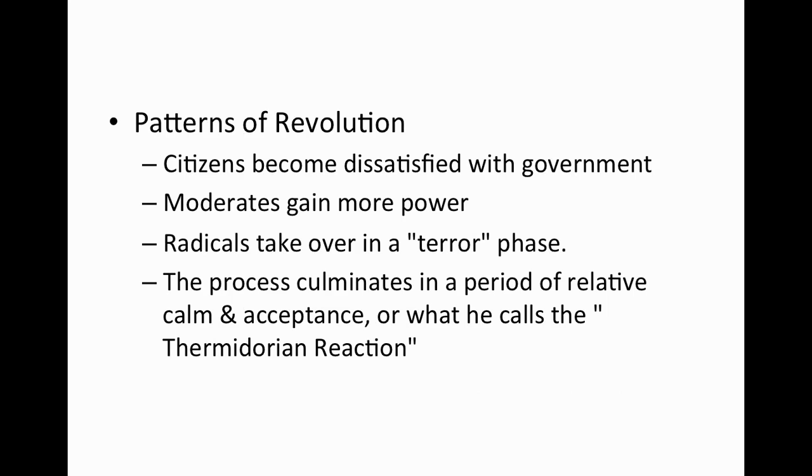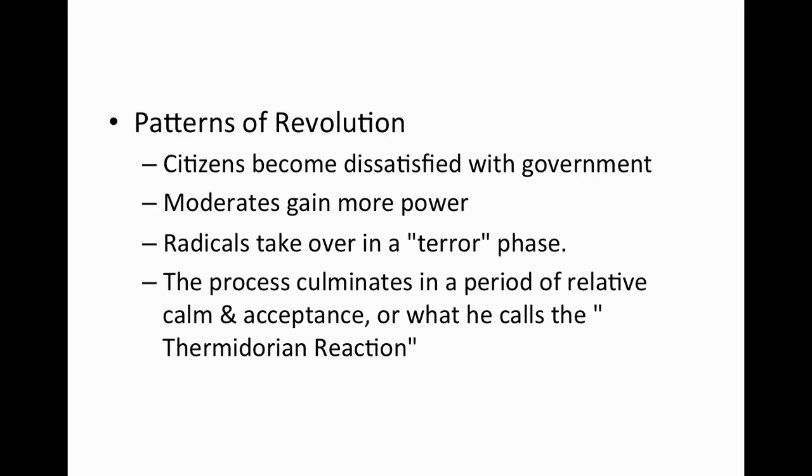All right, so you should be familiar with the patterns of revolution. Again, some of these patterns occurred in each revolution. I think the first one is common in all four. The citizens were dissatisfied with government, right, in some way or form. As time would go on, the moderates would gain more power. The Haitian Revolution and the French Revolution had that terror phase. They all had wars, right?